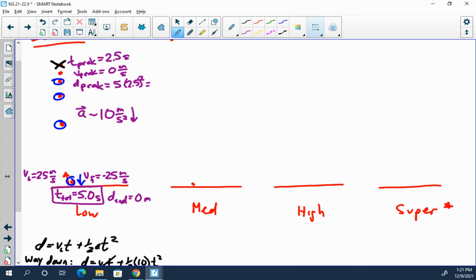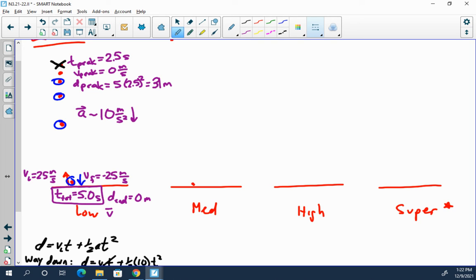So 2.5 squared is 62.5, no, 6.25, sorry. Move 2 decimal places. What's 5 times 6.25? It's about 31. 31 and change. D peak's 31. Cool. That's it.